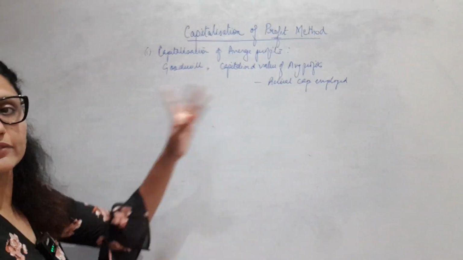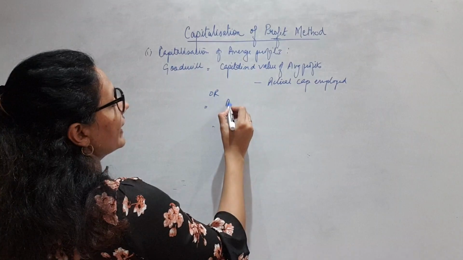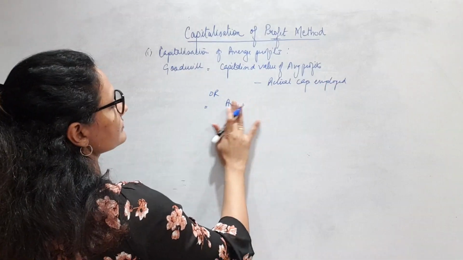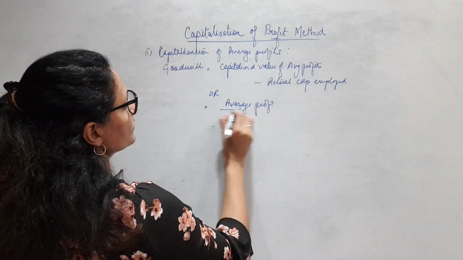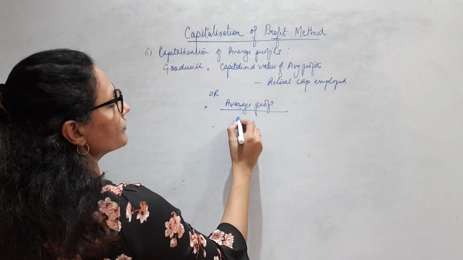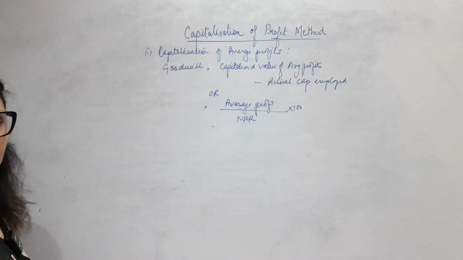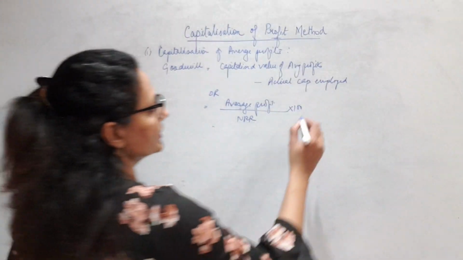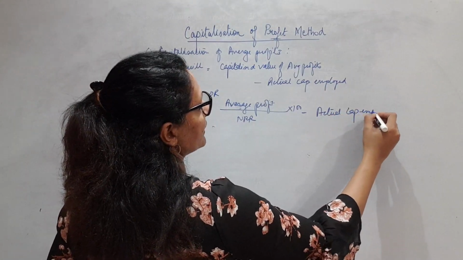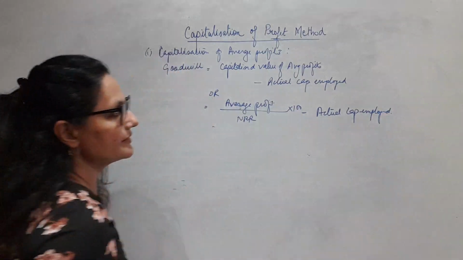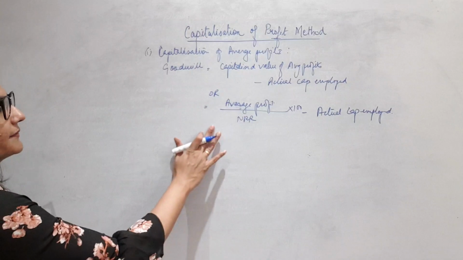And this capitalized value of average profit, if you want to write it, let's go into further detail: average profit by NRR into 100. This will give me the capitalized value of average profit, less actual capital employed. You can write it like this as well. Alright? Clear with this? Okay.